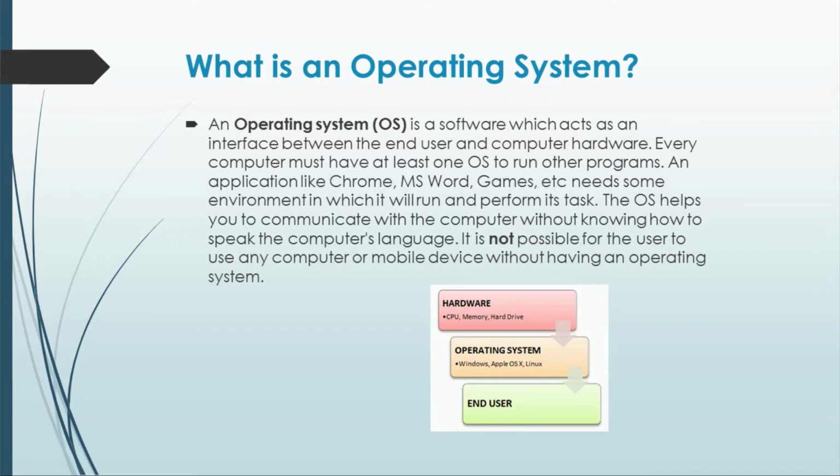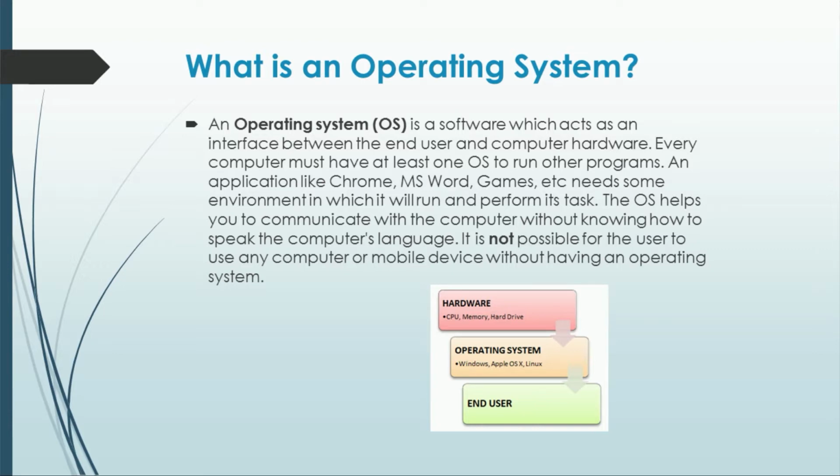First of all, I want to say what an operating system is. An operating system is software which acts as an interface between the end user and the computer hardware. Every computer must have at least one operating system to run other programs.